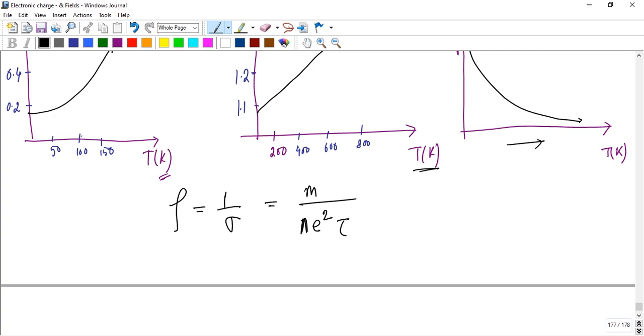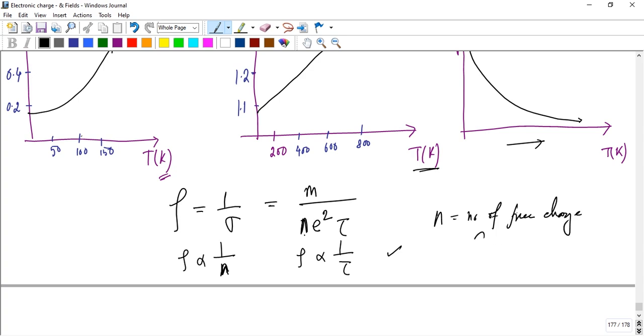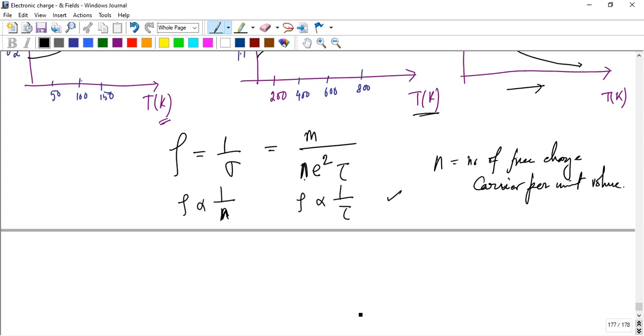You see in that equation, the resistivity is inversely proportional to n, and also inversely proportional to the average collision time. Very important, these are reciprocal. N is the number of free charge carriers per unit volume. And as the temperature increases, there is some concept here.